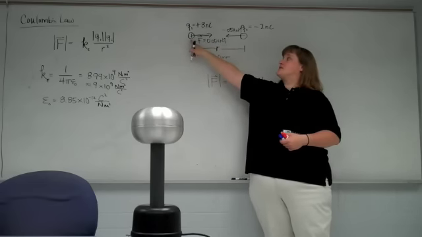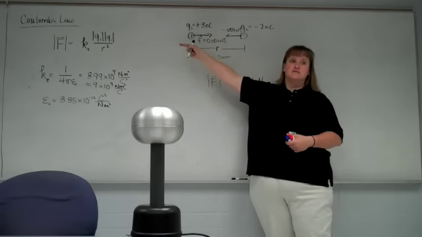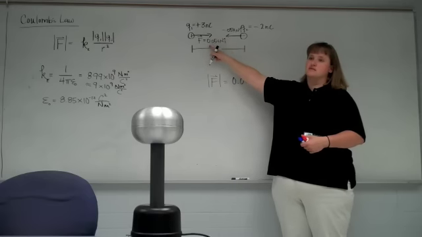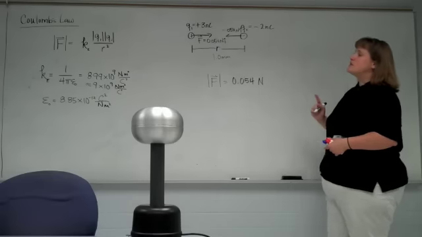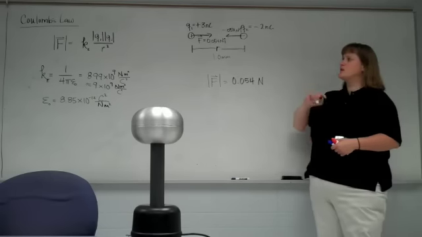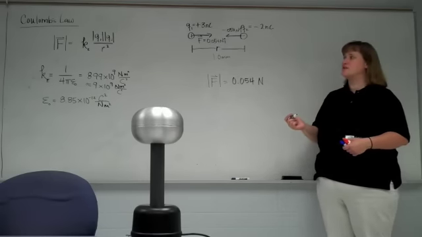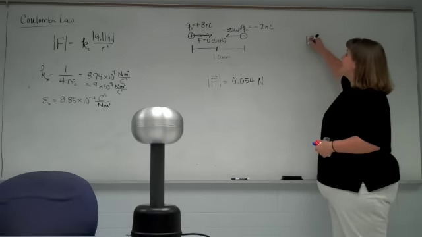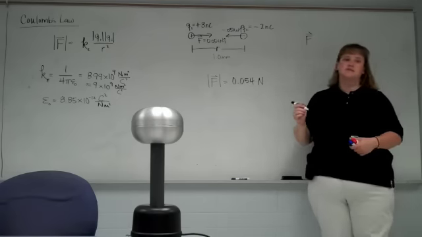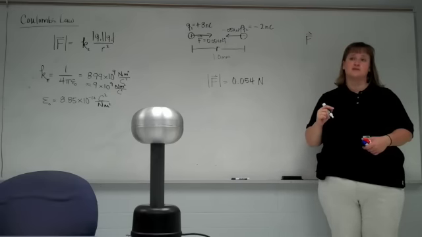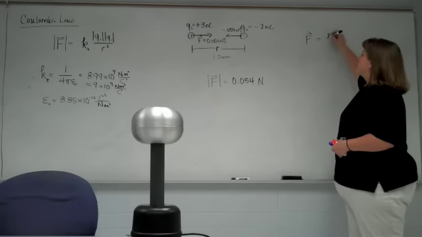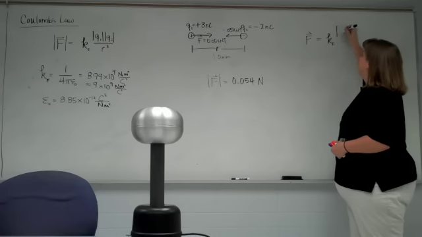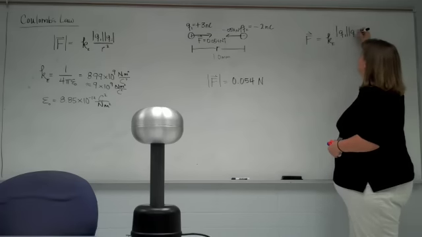But that doesn't mean this force is in the negative direction. This force is in the positive direction. This force is in the negative direction, so that would have worked. So what we're going to do is find the magnitude of our force using absolute values, and then put the correct vector components on it. We're going to break it into its correct x, y, and z components. The way you'll see this written in the book and in the test notes is like this.